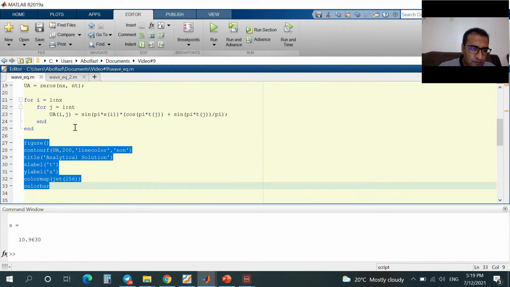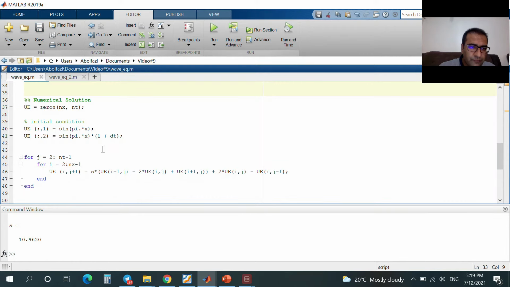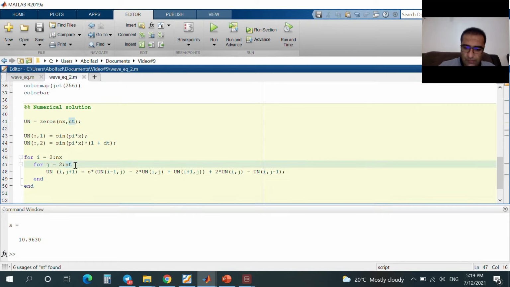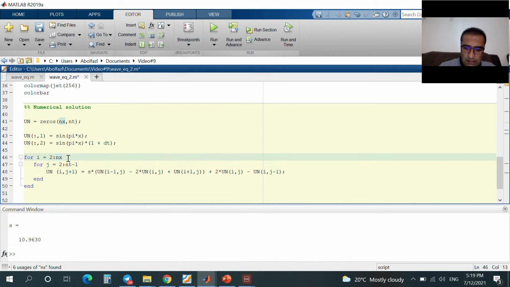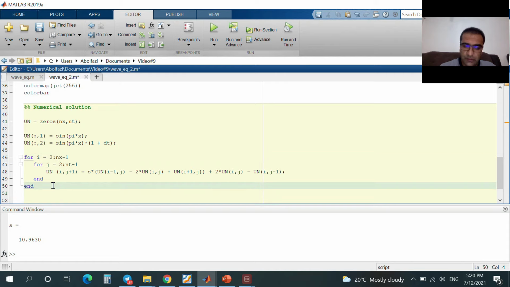Just let me check. And here it should be minus 1 and minus 1 here, because the maximum index is nx, and when we put nx here, or nt here, we will have nt plus 1 that is out of the dimension of our matrix.